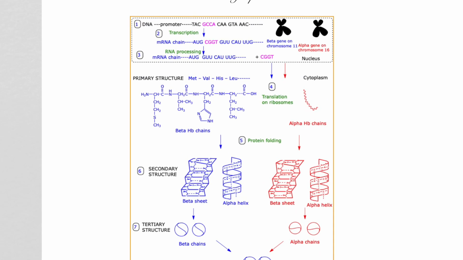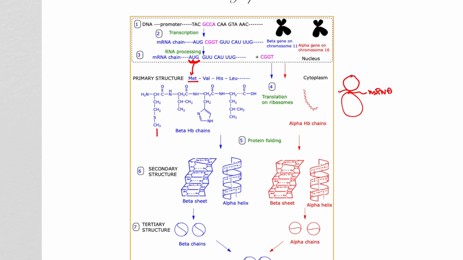Once in the cytoplasm, on your ribosomes, and here's your mRNA, this information on mRNA is copied into amino acids. So AUG, for example, according to the genetic code, is a codon for the amino acid methionine.